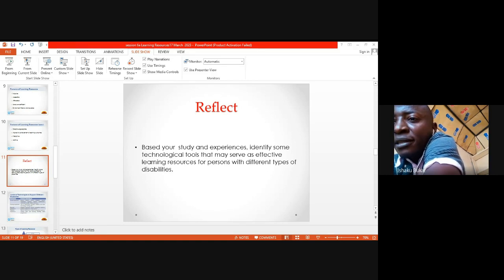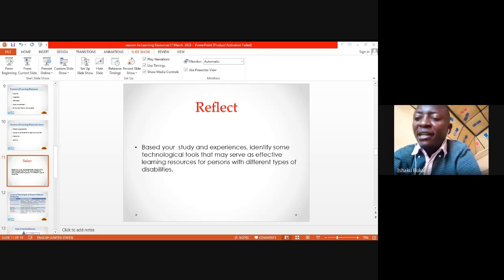Due to technological advancement, such tools are now in the form of refreshable ones. Before, there was a permanent one, just like a paper. It was printed permanently. But today, due to technological advancement, there are refreshable ones. That is the one that will be changing.